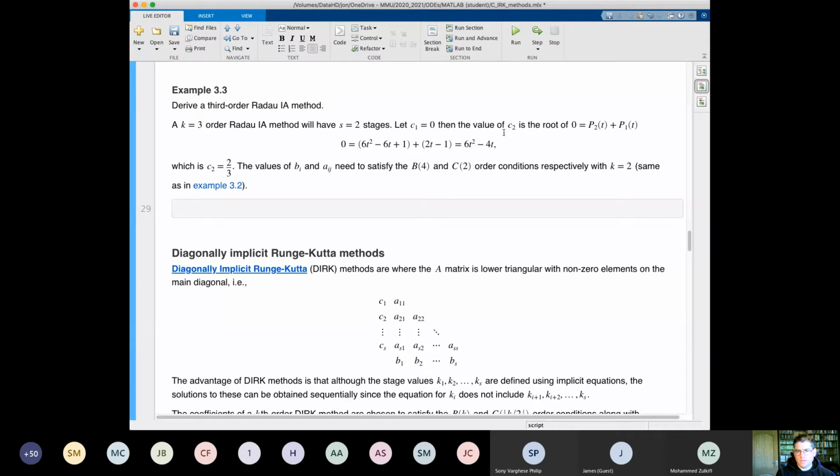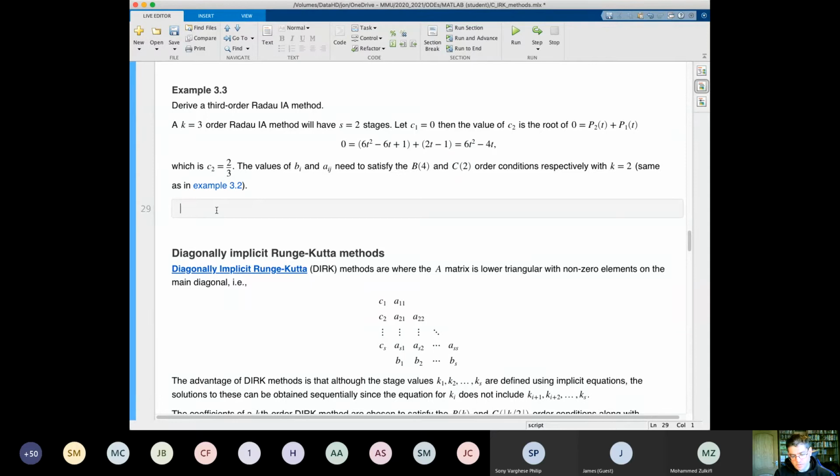The values of c are the roots of p2 plus p1, where p2 is what we used in the previous example on the Gauss-Legendre method, and p1 is simply 2t minus 1, which gives us 6t squared minus 4t. Quite easy to calculate the root of that, which is 2/3. So the values of B and A need to satisfy the order conditions from B and C, essentially the same as in the previous example.